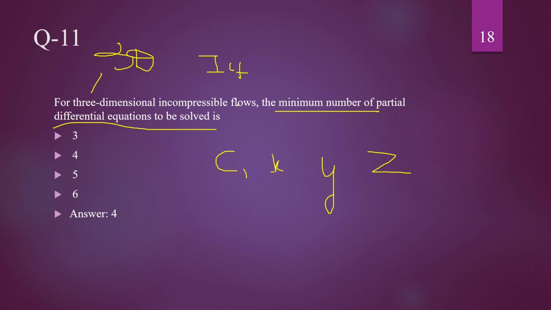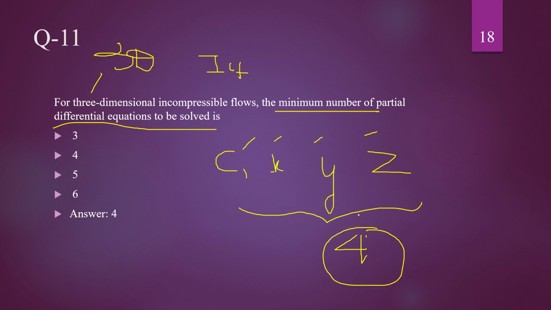So considering all these things, on the whole we need to solve 4 partial differential equations for three-dimensional incompressible flows. 3 is not true, 4 is right, 5 is wrong, 6 is wrong. So the answer to this problem is 4.